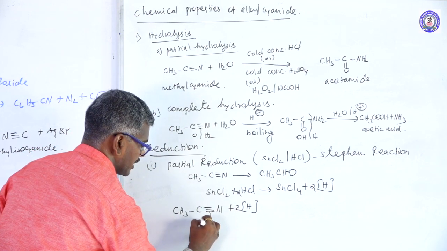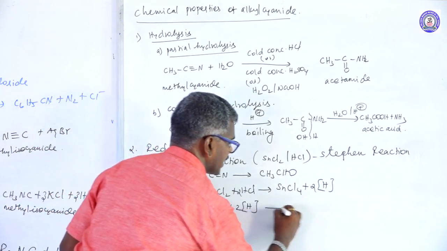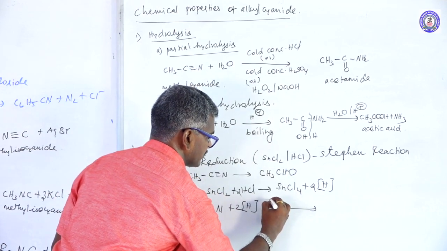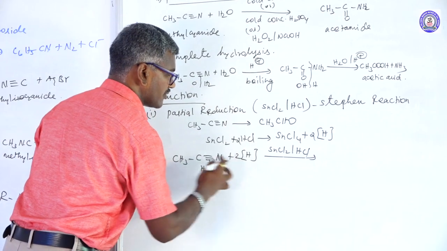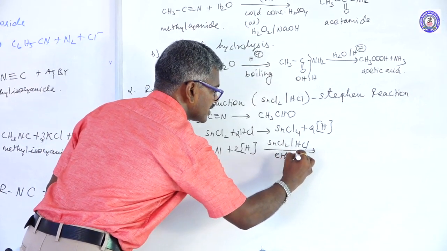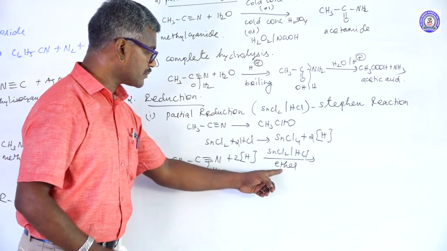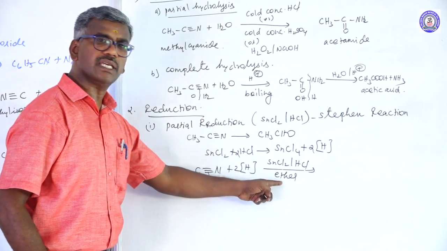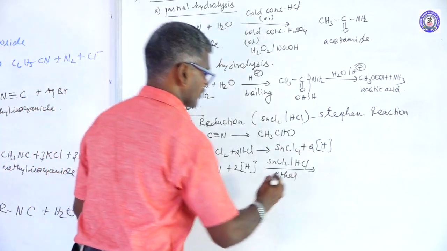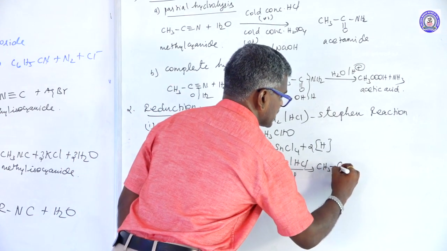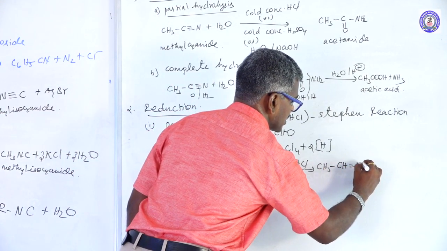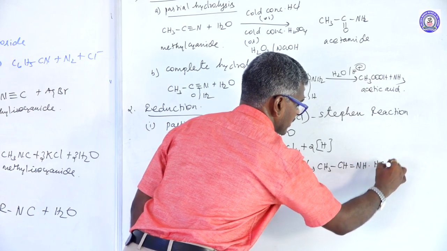This bond breaks, hydrogen, hydrogen, in the presence of this catalyst SnCl2 and HCl dissolved in ether. This reaction takes place in the ether medium. Why? Because cyanide dissolves in ether, to form CH3CH=NH·HCl.